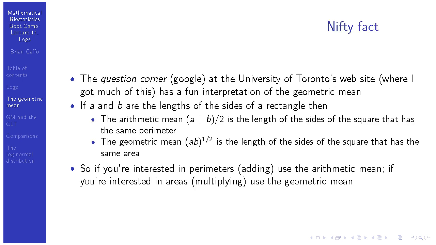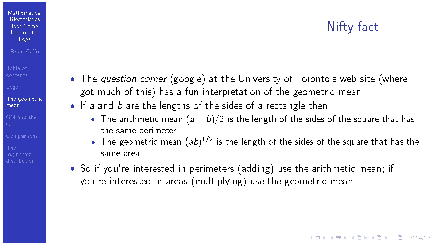On the next slide, I was thinking about how to explain this. I Googled the geometric mean and the arithmetic mean, and I found this great example at the University of Toronto's website. It has a really fun geometric interpretation of the arithmetic mean and the geometric mean. If you have a rectangle, and A and B are the lengths of the sides of the rectangle, then the arithmetic mean, (A plus B) over 2, is the length of the sides of the square that has the same perimeter as the rectangle.